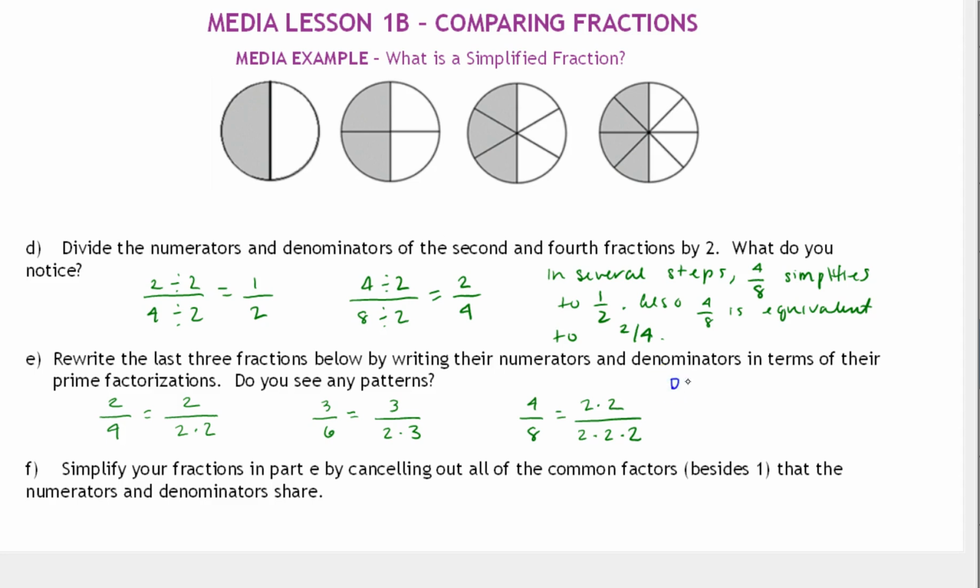And again, if you see something else, just write it. Denominators have one more factor of 2 than the numerators.